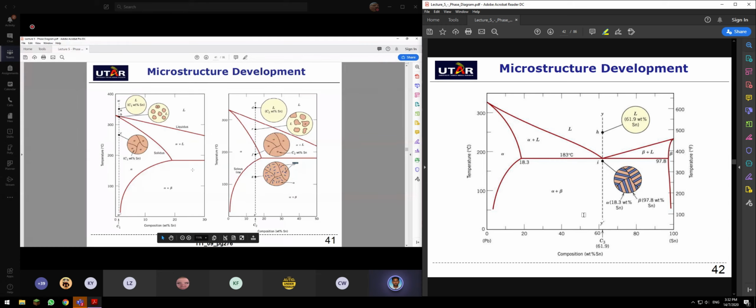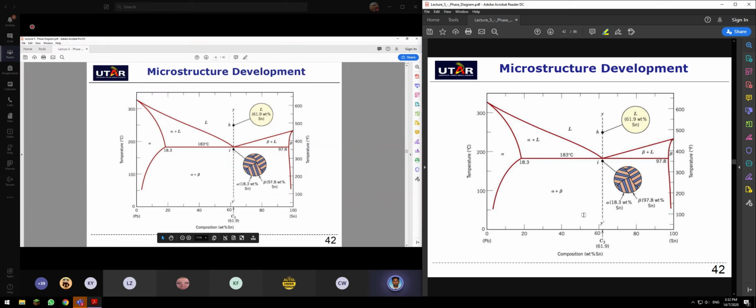Now, on your question, let's look at if you have a composition of 61.9. If you have a composition of tin at 61.9, it directly hits the eutectic point, which is the invariant point. At around this temperature, 250 degrees Celsius, everything is liquid.